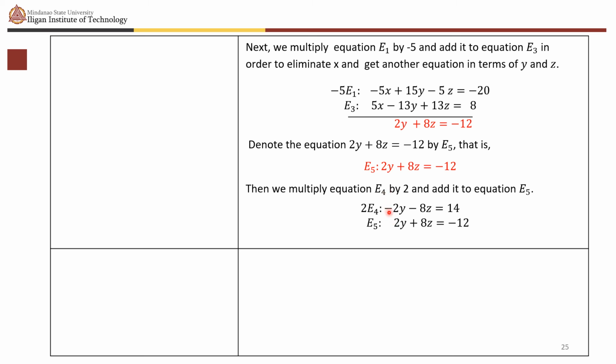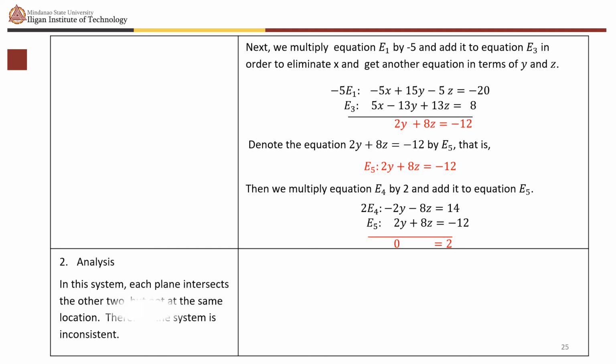Since our E4 earlier was solved to be negative y minus 4z equals 7, twice of E4 will give us minus 2y minus 8z equals 14. And then our E5 is 2y plus 8z equals negative 12. So when we add them, we come up with the following: 0 equals 2. What does it mean?